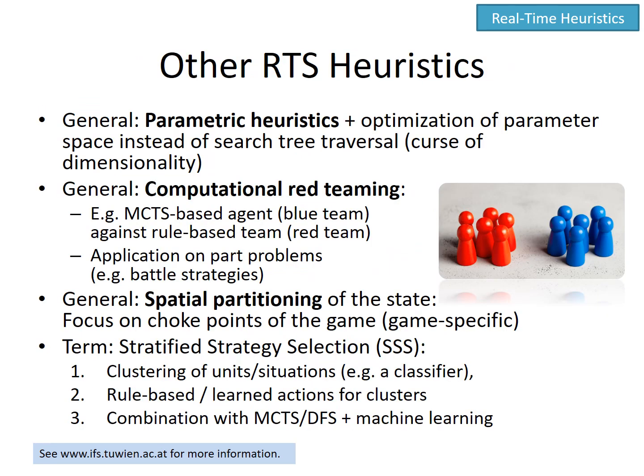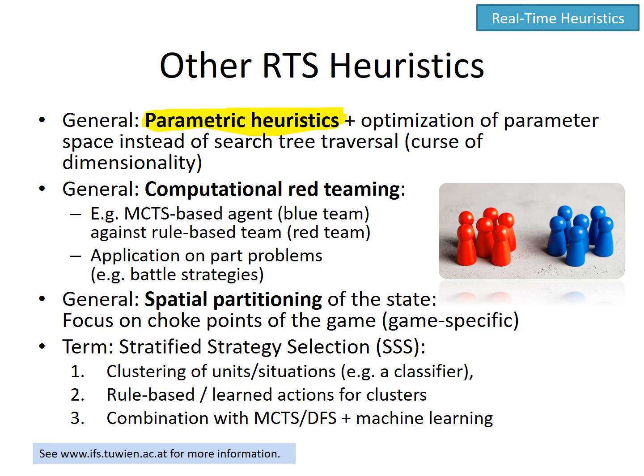Furthermore, there are a few general heuristics that I want to share with you because they are implementable in the lab and obviously reasonable given the particular nature of real-time games. One general idea that I would like to introduce is parametric heuristics.